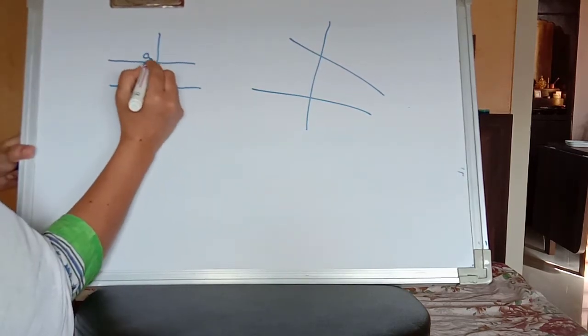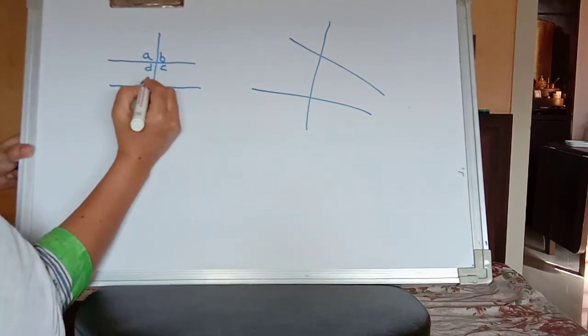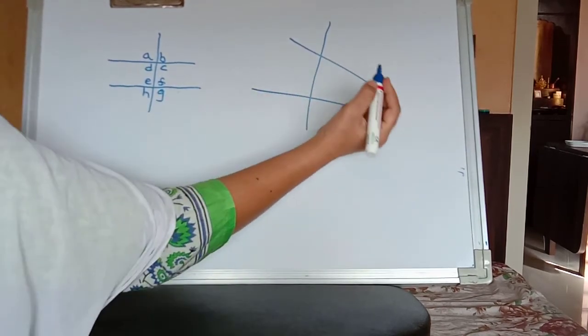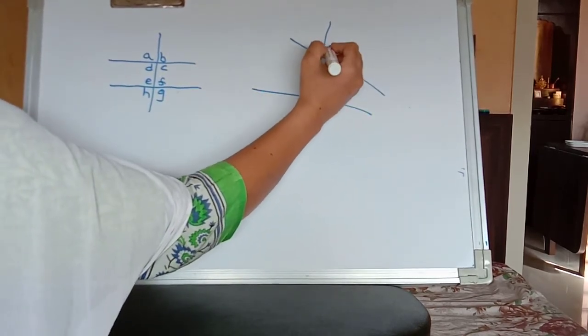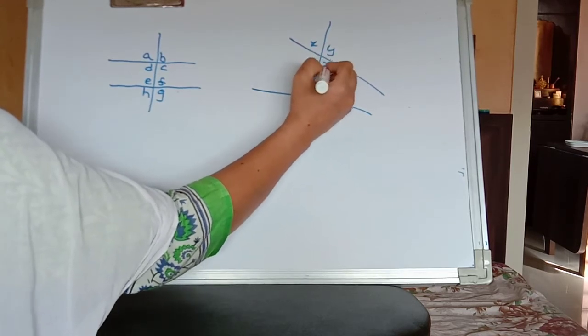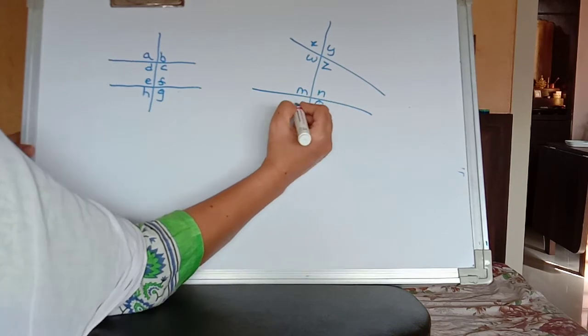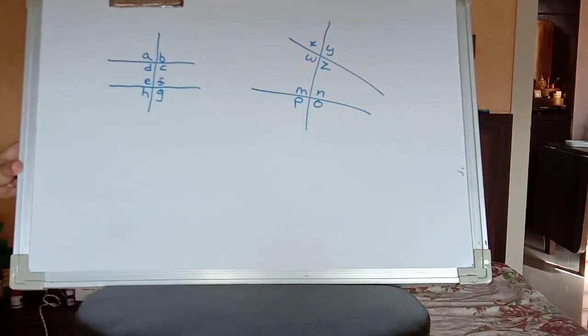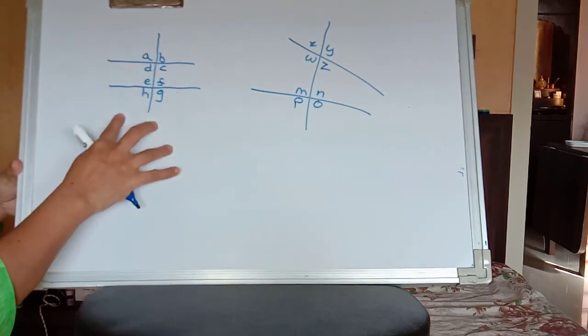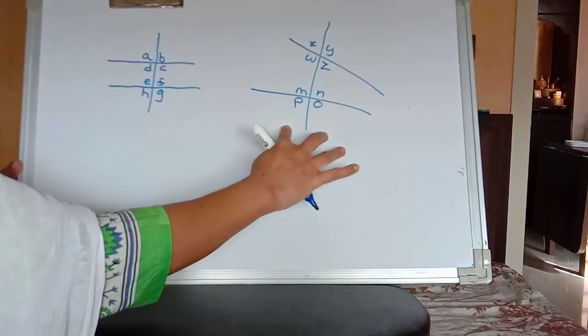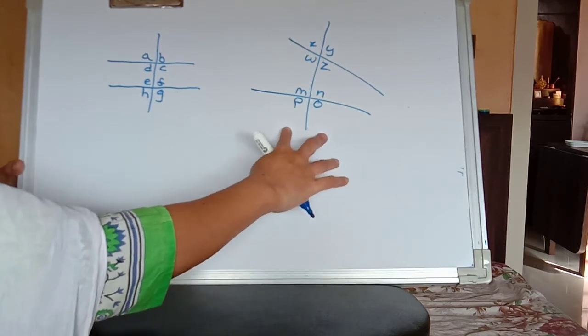So if I write here A, B, C, D, E, F, G, H, and here X, Y, Z, W, M, N, O, P. Now please listen to me very carefully. Here also you have alternate angles, corresponding angles, and interior angles.